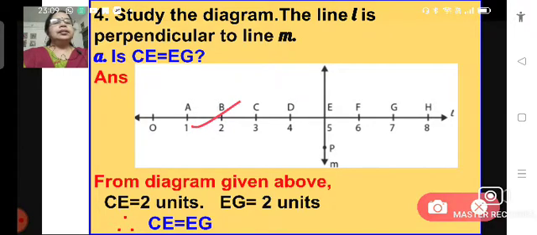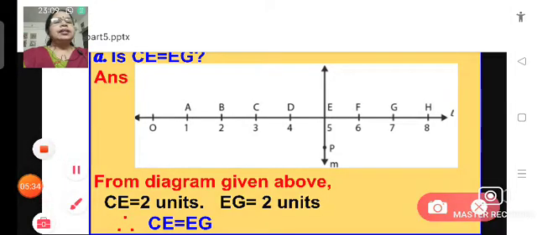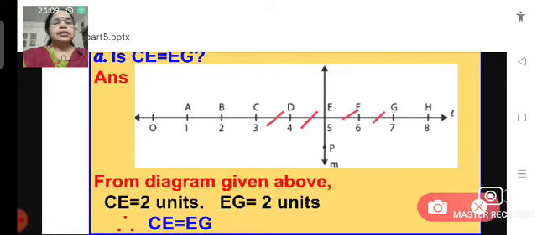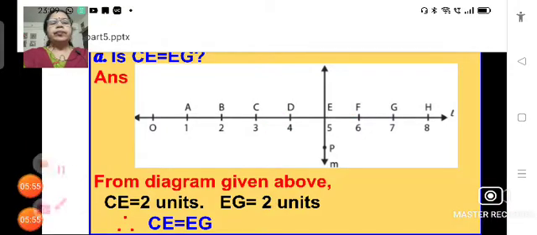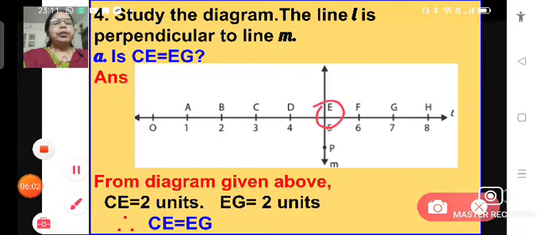Now we can see that the line M is passing through E, and CE has 2 units, and similarly EG is divided into 2 equal units. So we can say that CE is equal to EG because they have 2 units each. Now since CE is equal to EG, we can also say that E is the midpoint of CG.